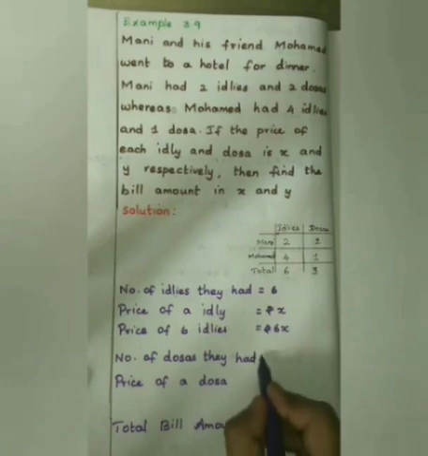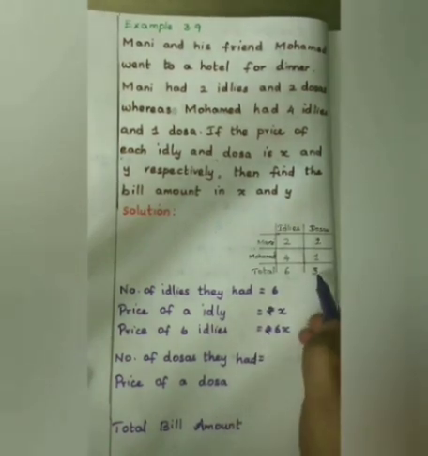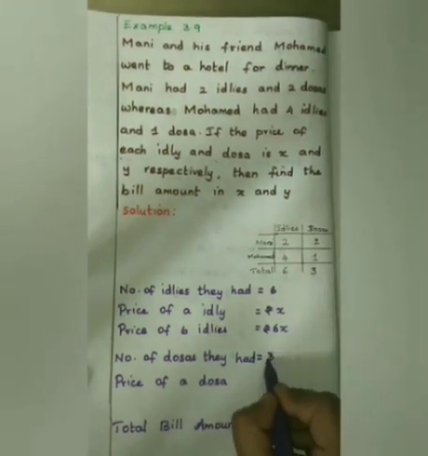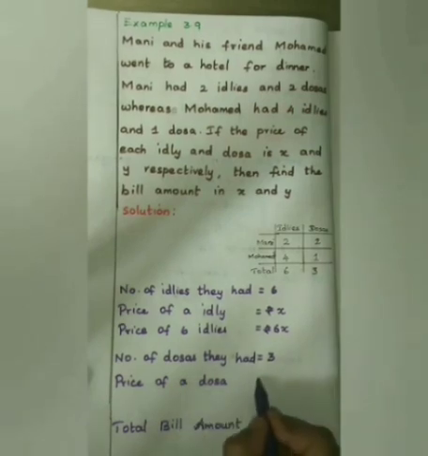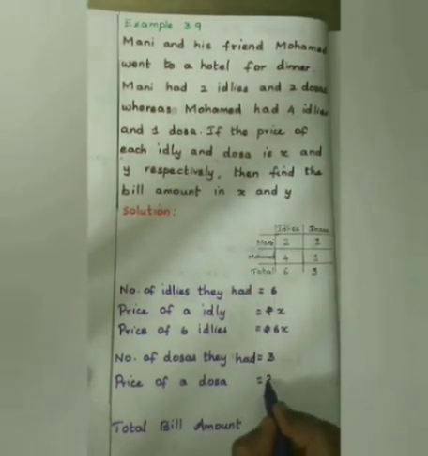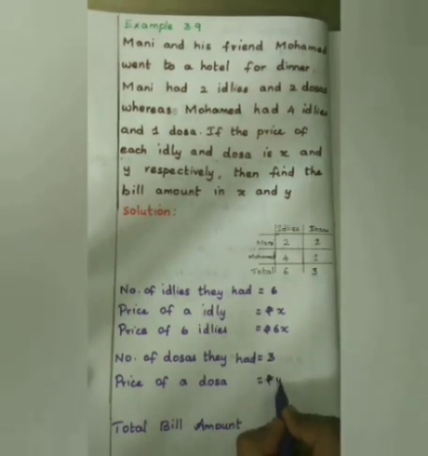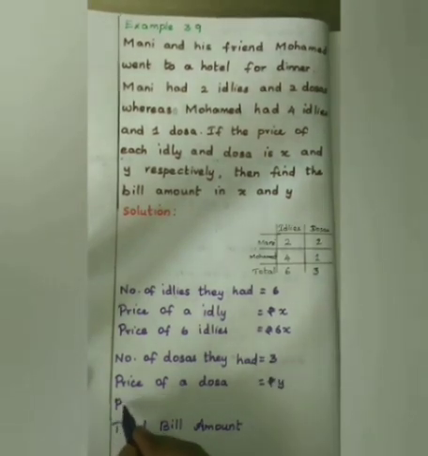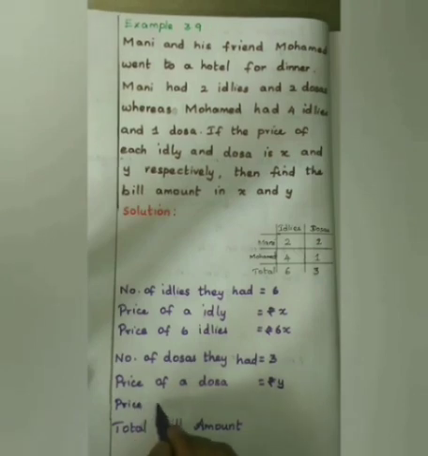Next, number of dosas they had. How many dosas? 3. So the price of a dosa is y. So write here rupees y. Now find the price of 3 dosas.